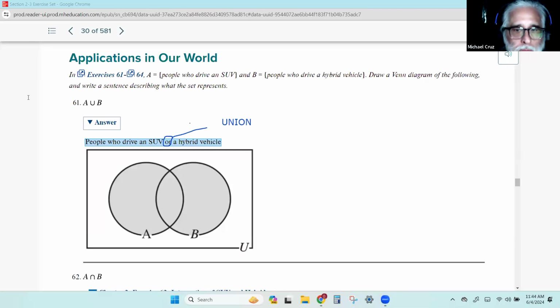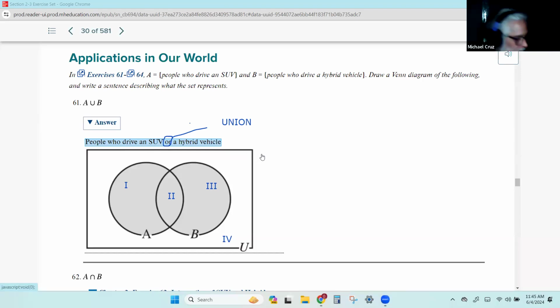And remember, which regions represent the ones who drive a SUV or a hybrid?